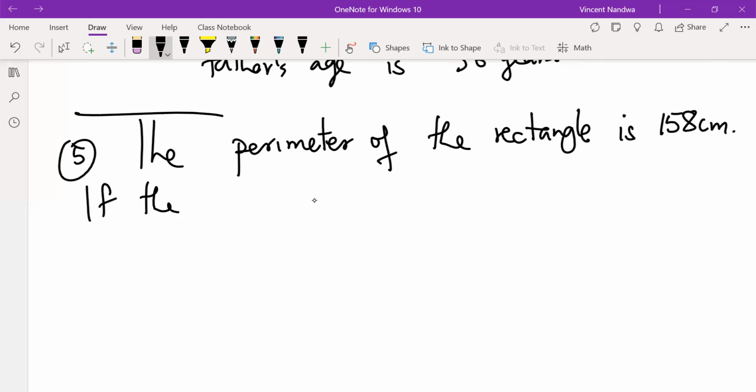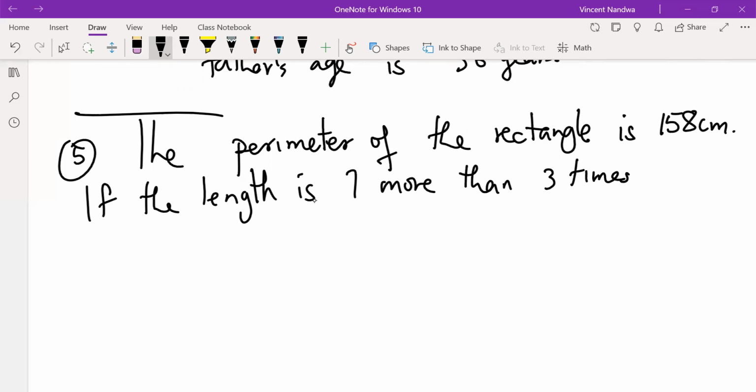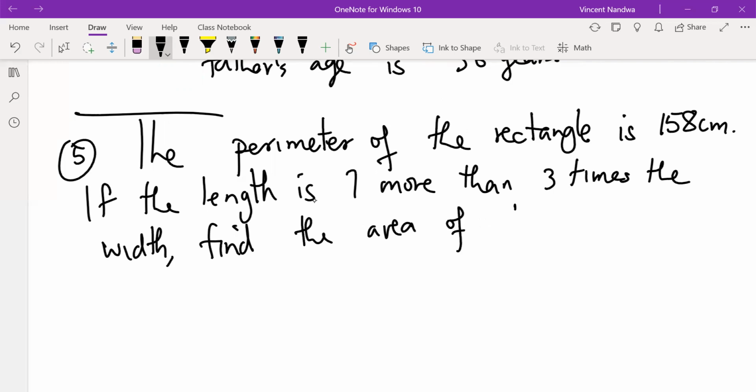If the length is 7 more than 3 times the width, find the area of the rectangle.